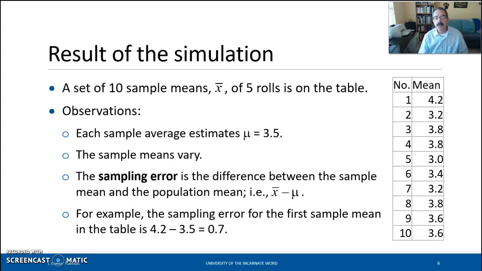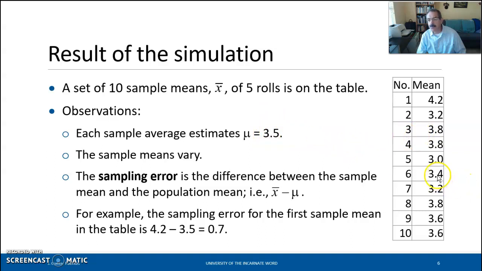Here in the next slide, I have one set of 10 averages, with an average from each set of 5 rolls. One thing that you can see is that each of these averages is estimating the population mean. Some averages are pretty close to the value of 3.5.